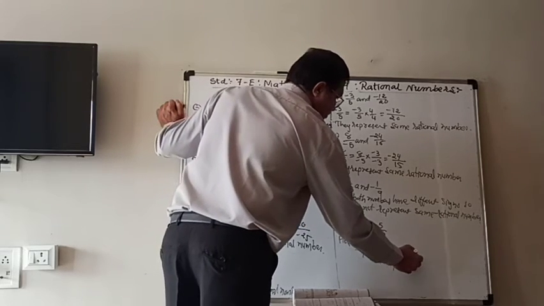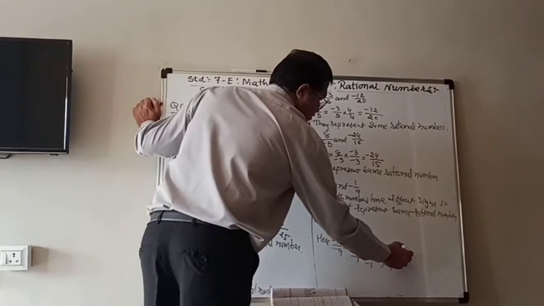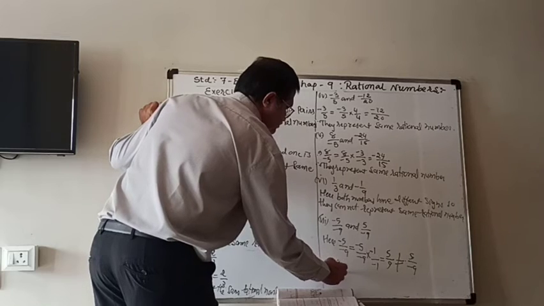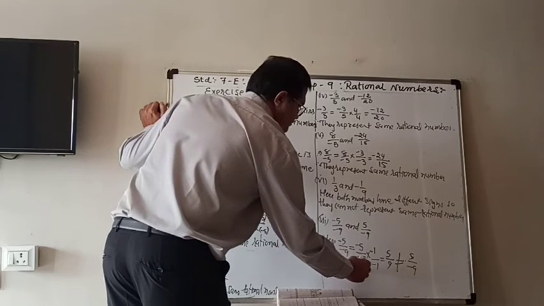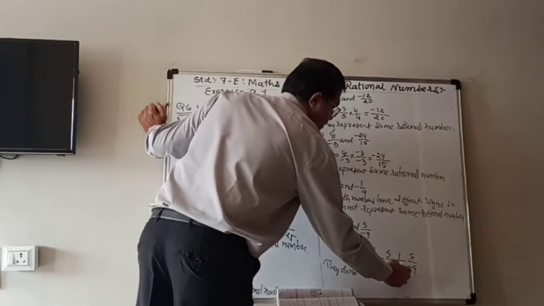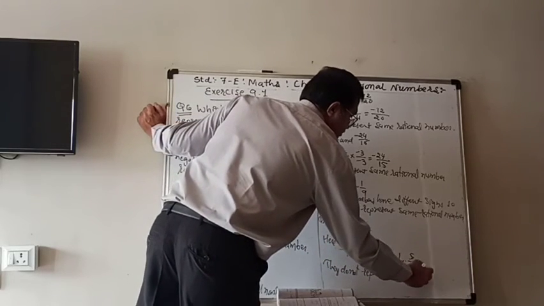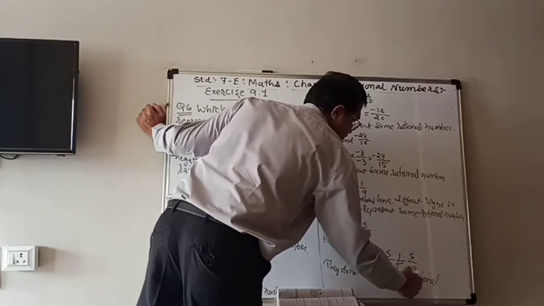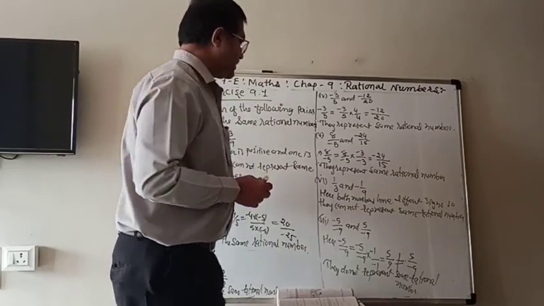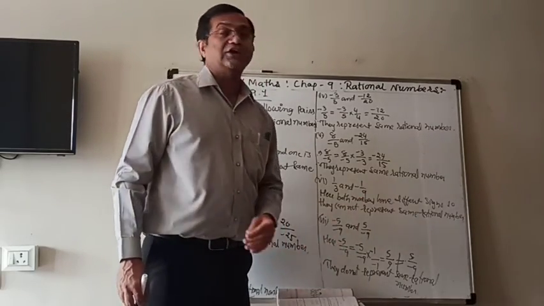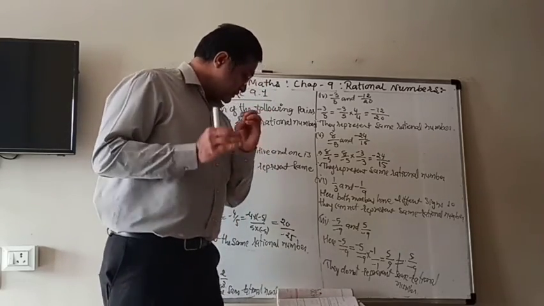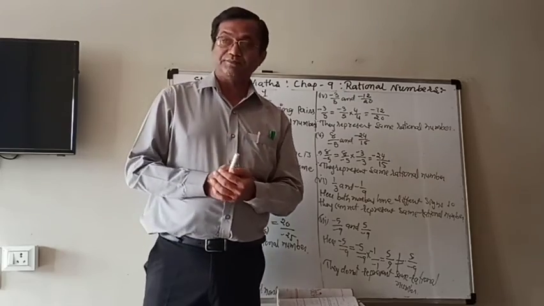But here it is not equal, so it is not equal to 5 upon minus 9. So they do not represent same rational numbers. So here you can see that the numerator and denominator are same, but the signs are not the same, and therefore they cannot represent the same rational numbers.